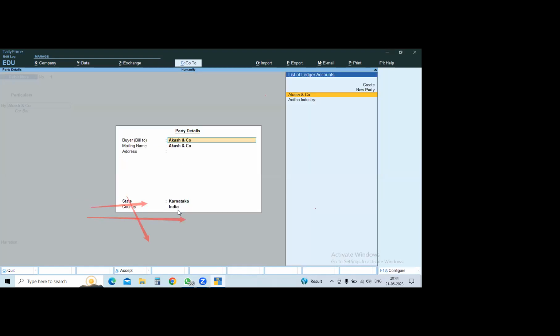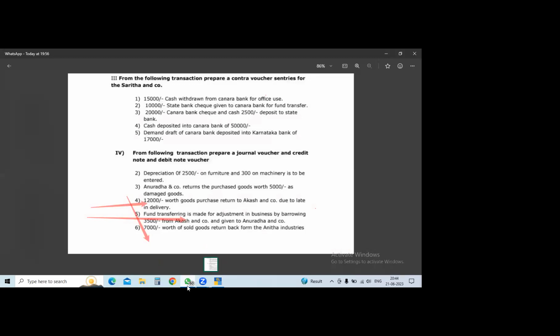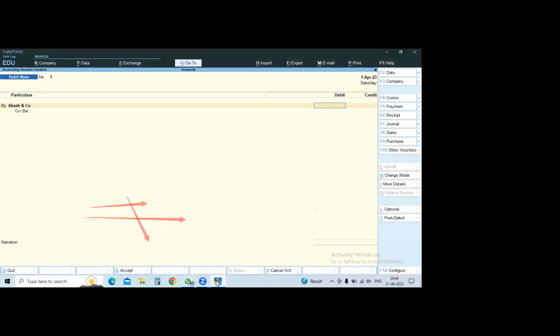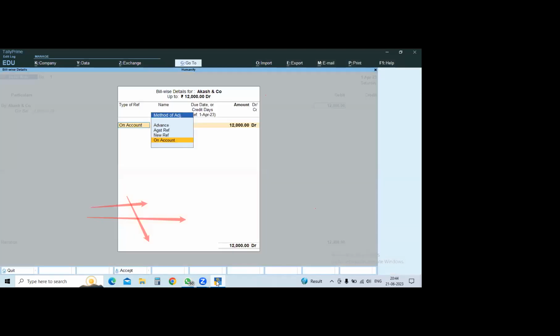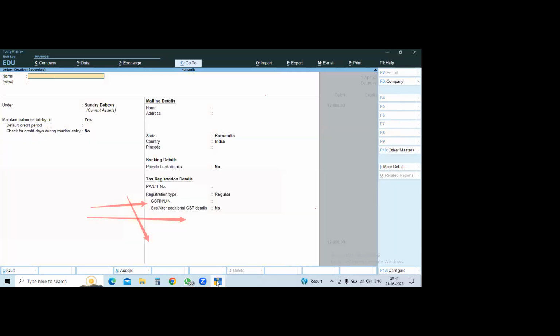Okay, ma'am. Give the amount. You can give any amount, like 12,000. Now do enter. Here you have to create a purchase return under purchase account.